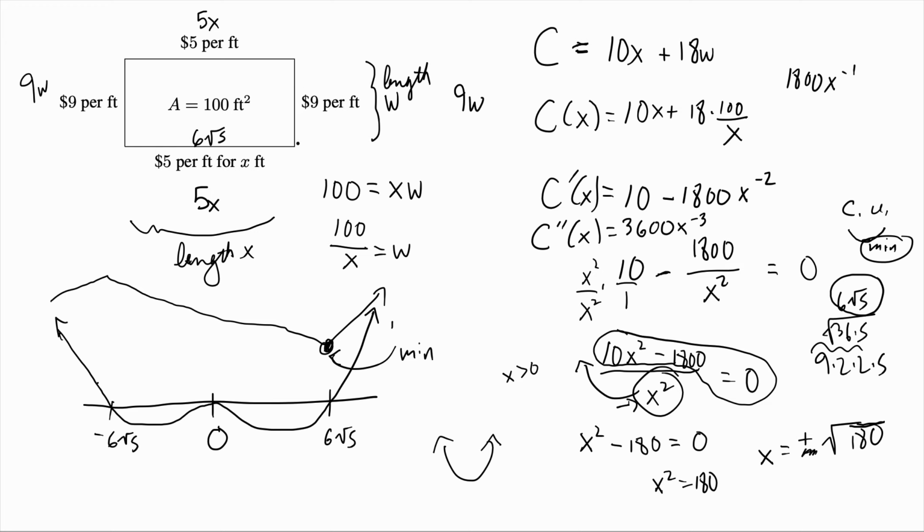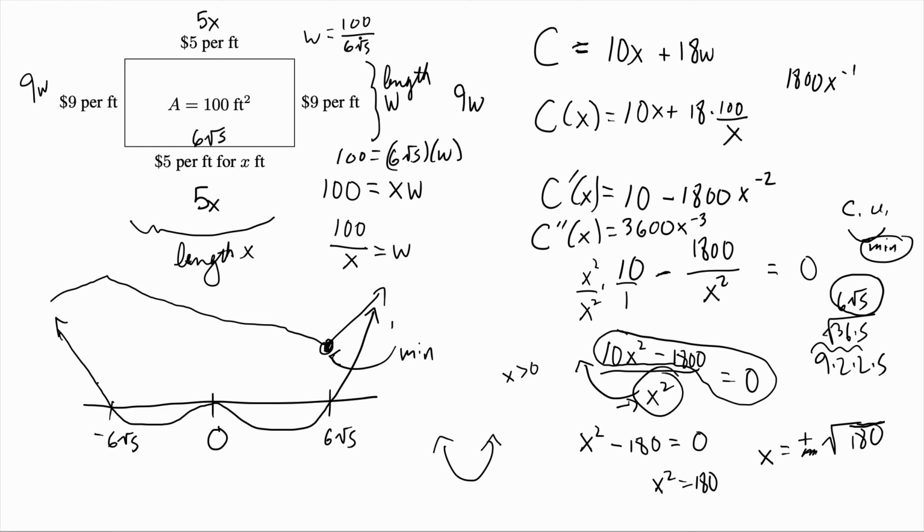What should this side length be? Well, remember, 6 root 5 is a value of x, and that times w will be equal to 100. So we can figure out what w is by dividing both sides by 6 root 5. So w will be equal to 100 over 6 root 5.